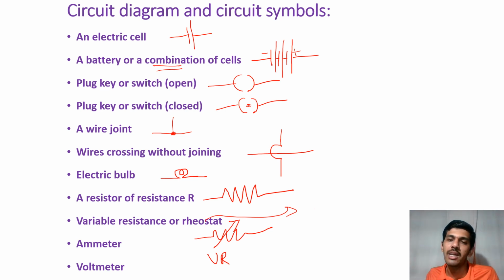A rheostat is represented like this. It is also a resistor, a zigzag line, but a rheostat is represented with an arrow mark over it. That is how to represent a rheostat.